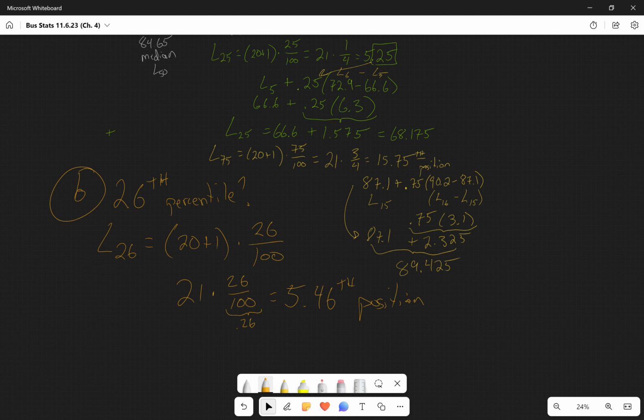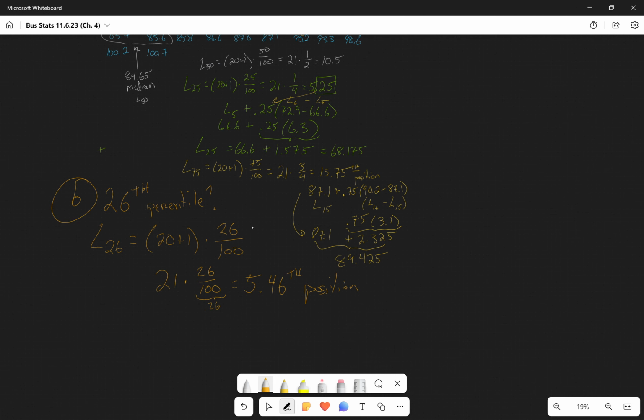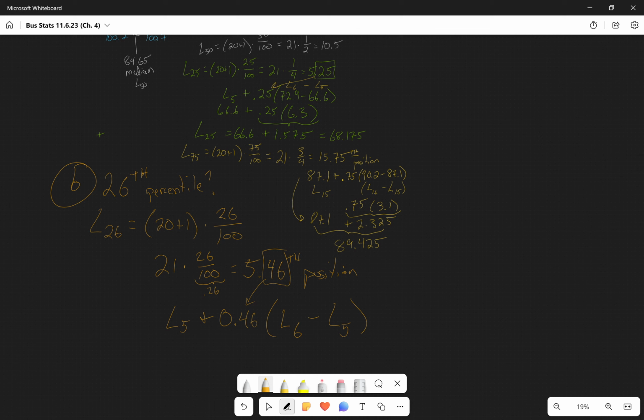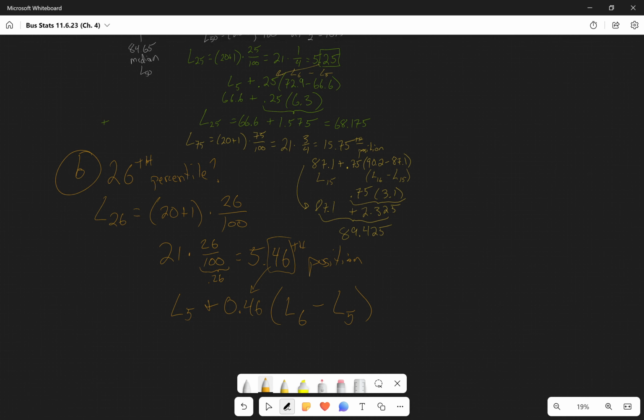So the 5.46 position, how are we going to unpack this? Well, we're going to do L5 plus 0.46, right? We take this 46, and we bring it down here, and then we just take the difference of L6 and L5 because it's not quite halfway, but it's nearly halfway.